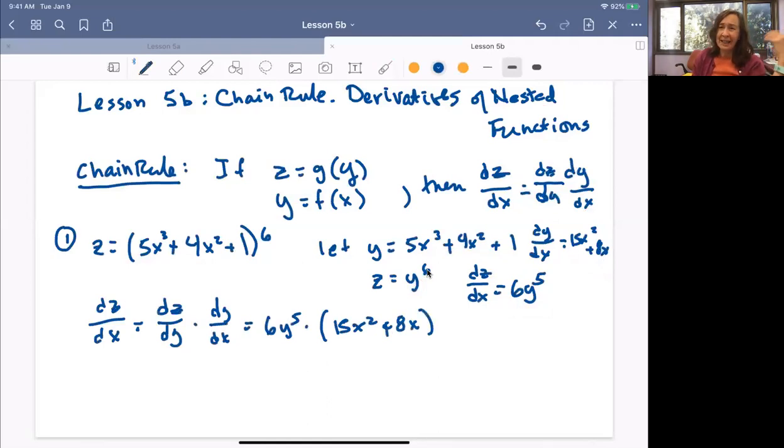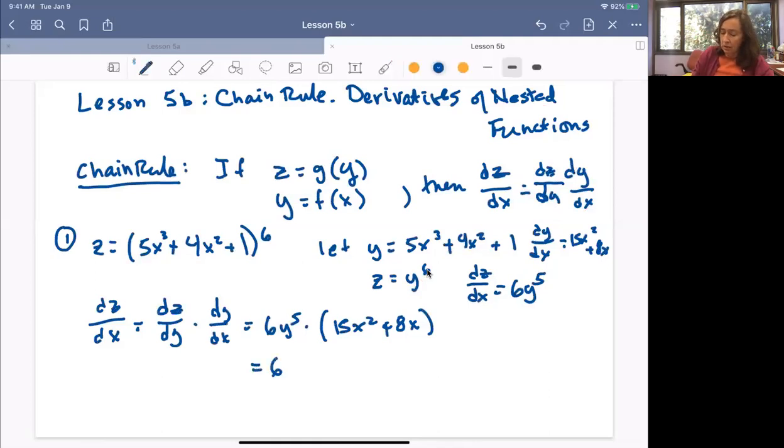In one sense I'm done, but I want to go back and substitute out that y. Two things motivate that. One is that I just made up y to solve the problem, so let's get rid of it. Another is a convention: if you're taking a derivative with respect to x, the answer should be in terms of x as much as possible.